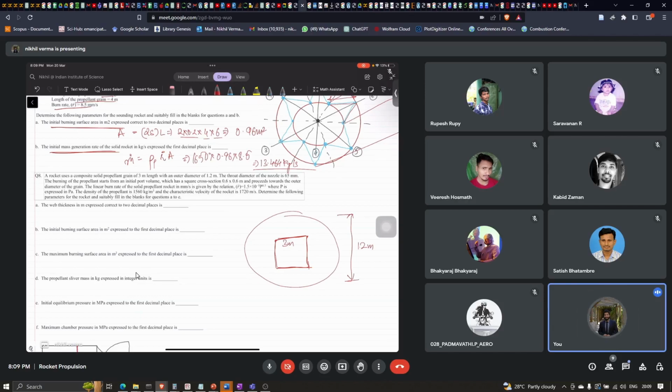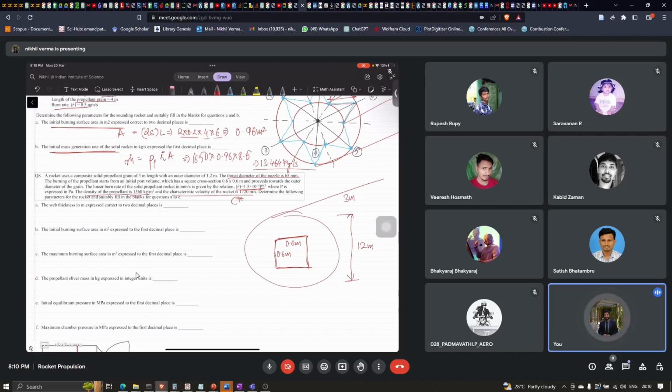The throat diameter is given, and the length is given. This is 0.6 meter, 0.6 meter, this is 3 meter. The linear burn rate r dot is given, then the density is given, and c star is given.